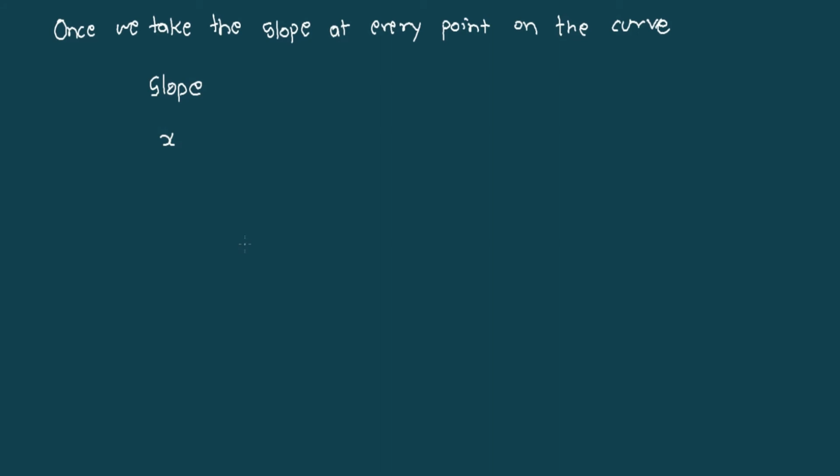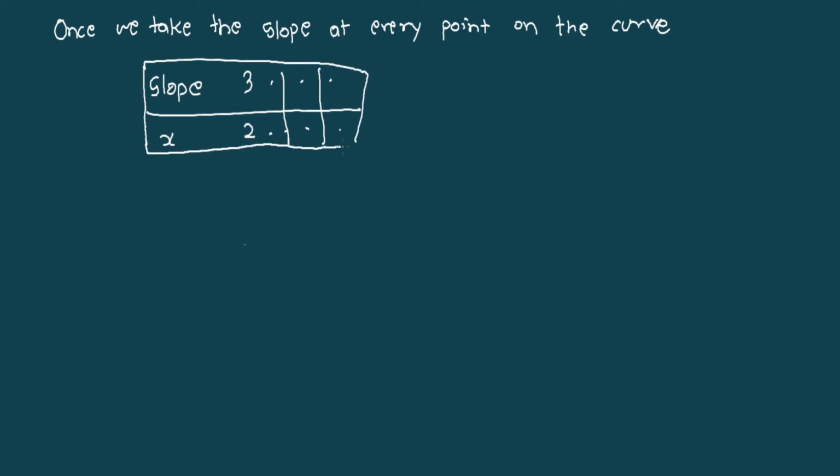So let's say that at x equal to 2, the slope is 3, and we have some particular values. Okay, we have some values. And so at those particular points we have some values.